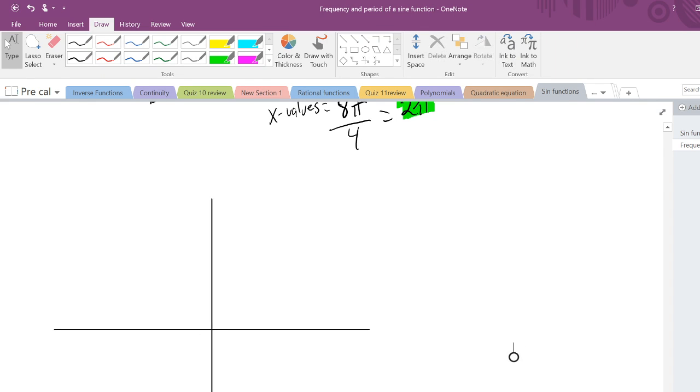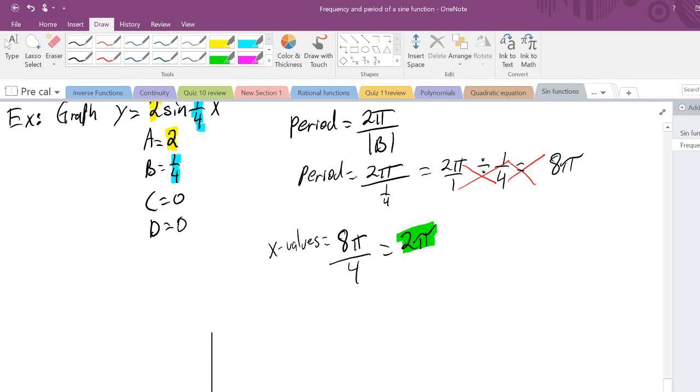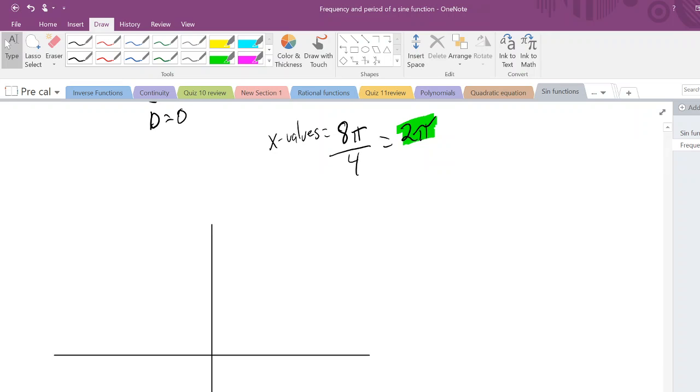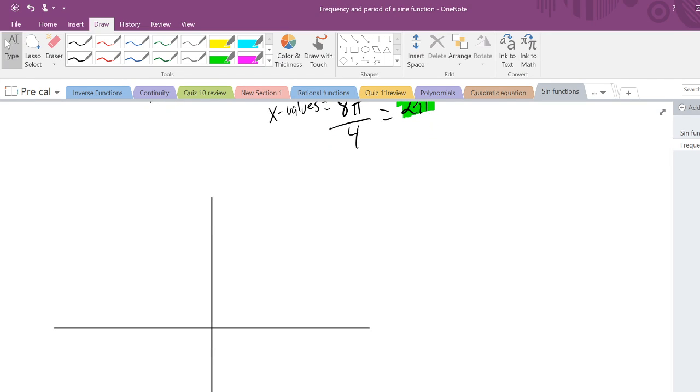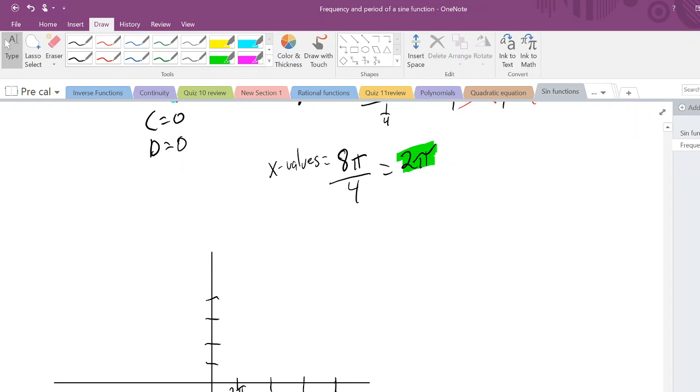Okay, so I'm going to do this. So first off, I do have an amplitude change, so we're going to have to work with that too. But I'm going to do this. So 1, 2, 3, 4. All right. So this is 2 pi, and then 2 pi.